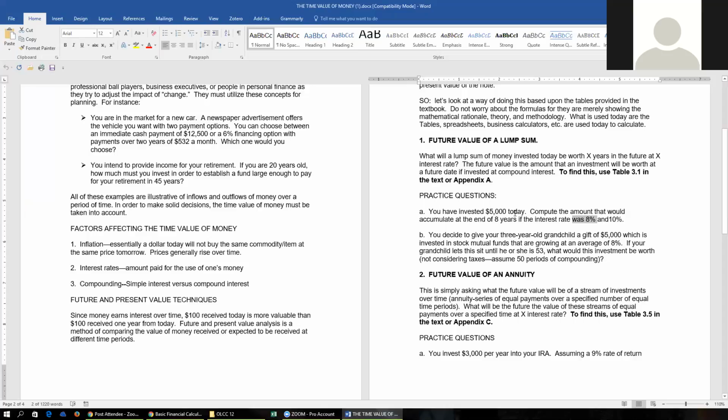So it sort of sounds like the same problem up above. But for some reason, I cannot understand this, but it makes for an interesting story. Your grandchild lets it sit until he or she is 53. Okay, I thought this problem, and I think it did originally read that the grandparent wouldn't let them touch the money until they were 53, which I thought was weird.